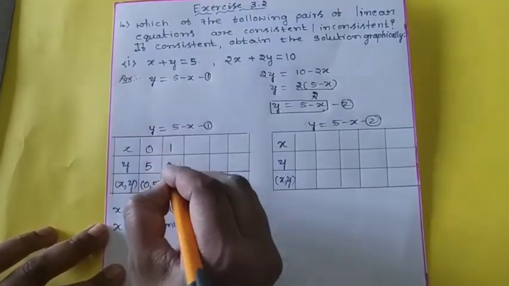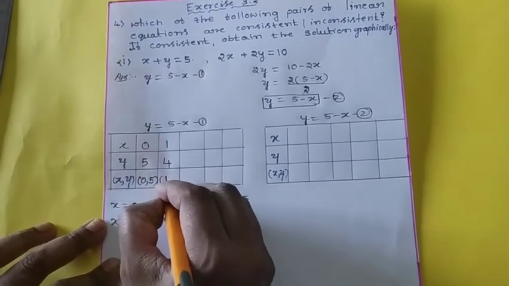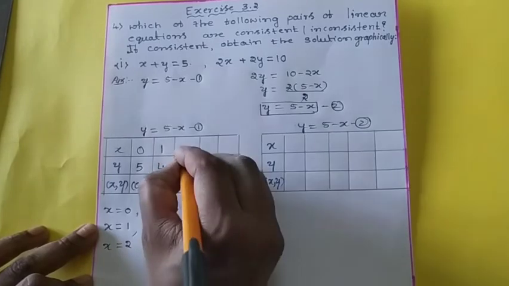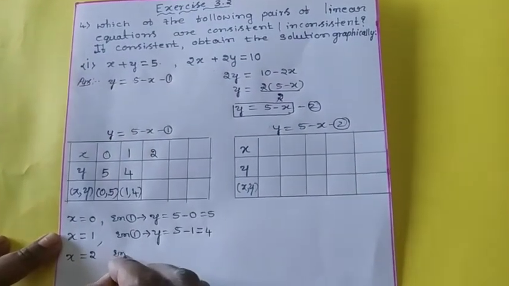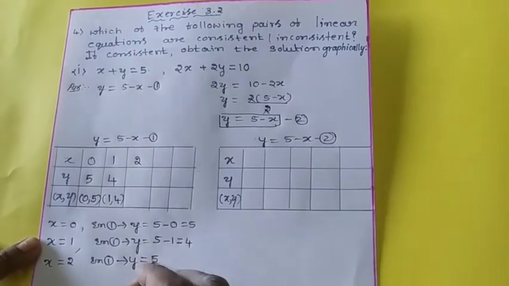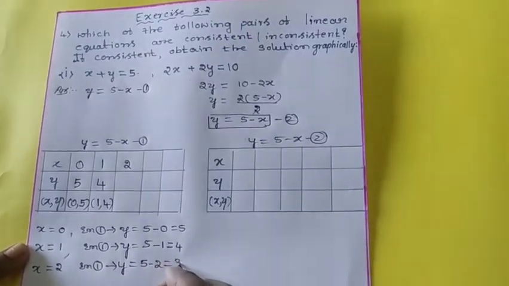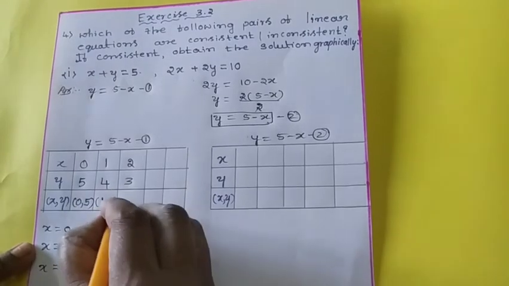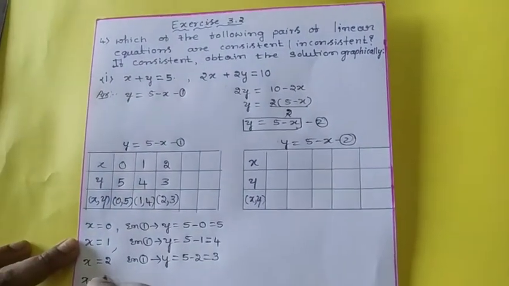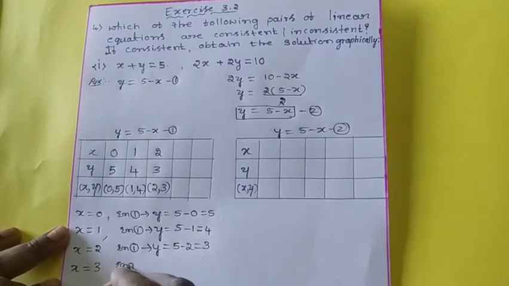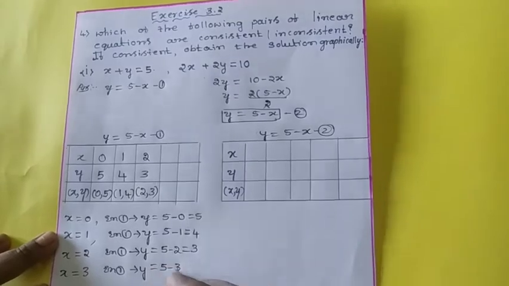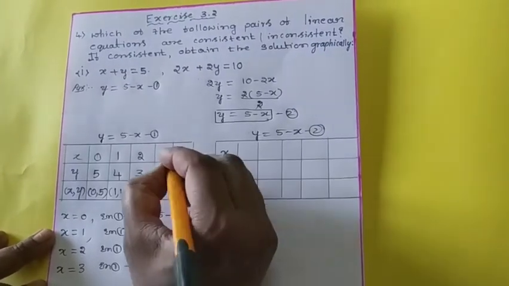We put 1, we get 4: (1, 4). Then x is equal to 2. Equation 1 becomes 5 minus 2, that is equal to 3. Then x is equal to 3 for equation 1: y is equal to 5 minus 3, we get 2.